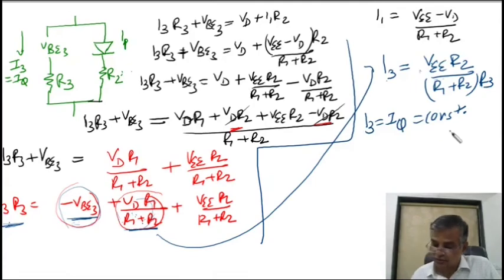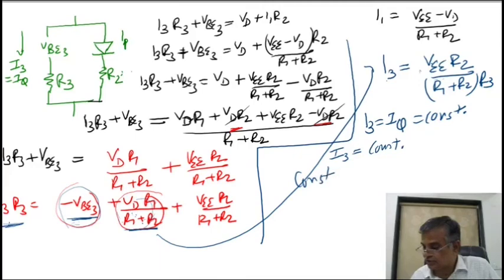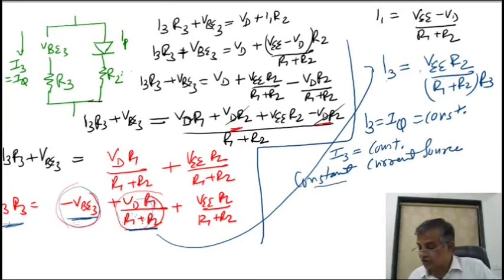This discussion shows that the current passing through the transistor Q3 is constant and it behaves as a constant current source. So it provides a very high resistance.